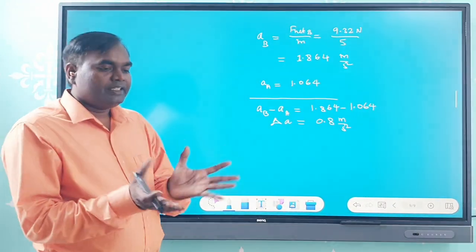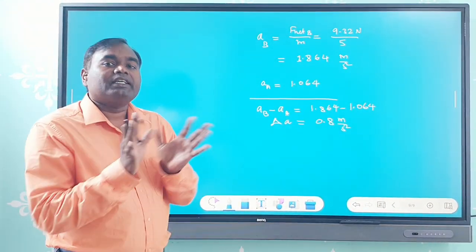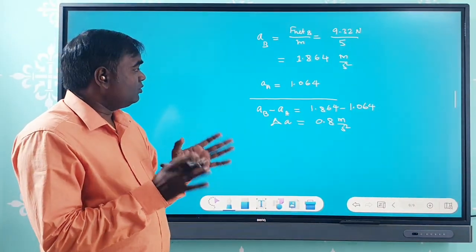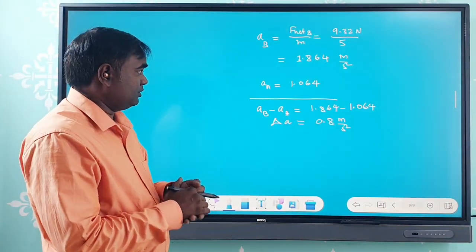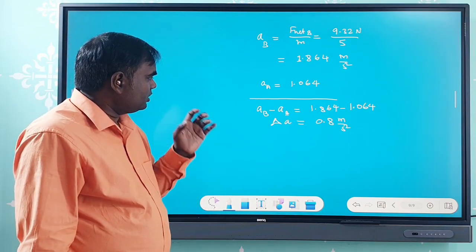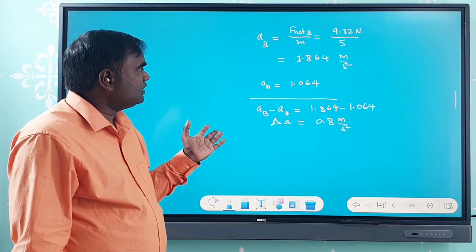By seeing the question, you can't decide the answer. That is also a very important thing. You have to do the solution also. Without solving, I don't think that you can get the answer so easily.